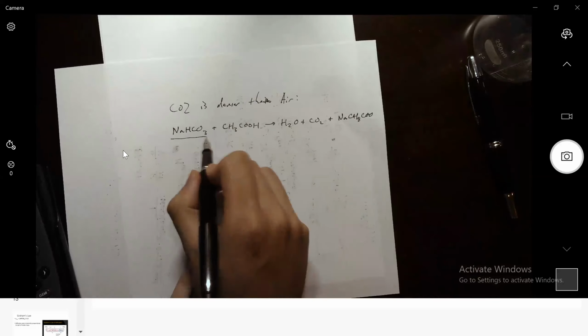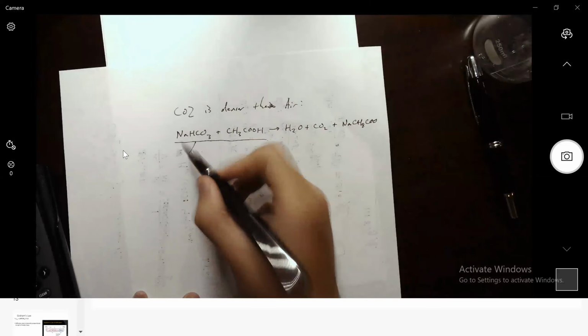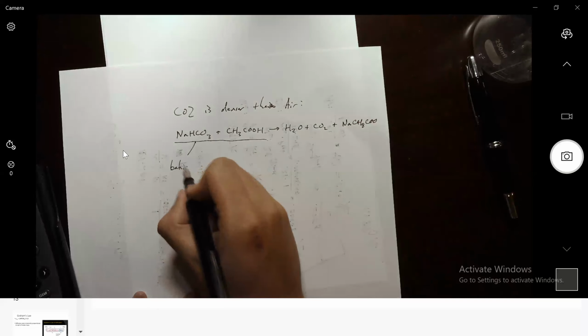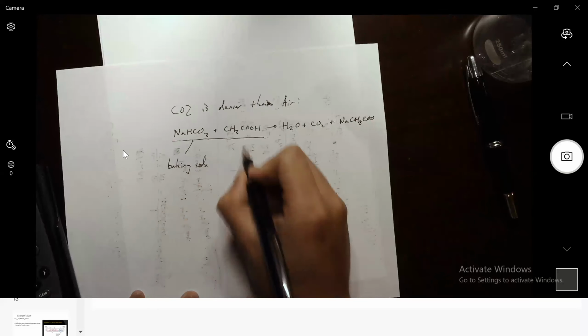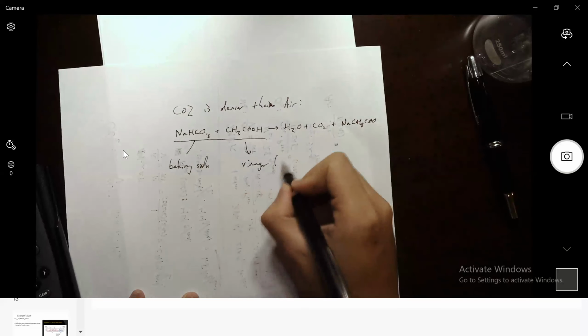Does anyone know what these are? Here's a hint, you can probably find them in your house. Okay, so this is baking soda, and this is vinegar, or acetic acid.